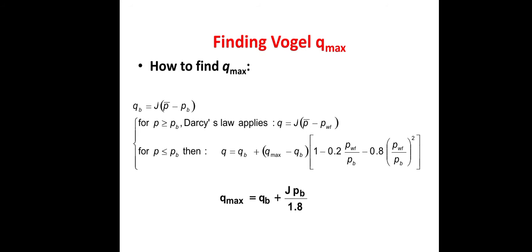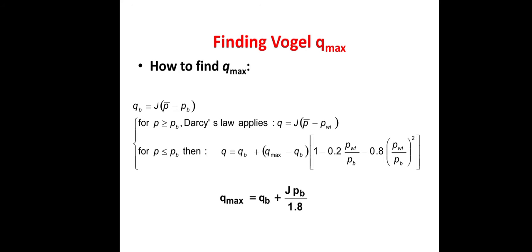So if you've got to plot it, how will you go about it? The first thing you have to do: you already know that above the bubble point pressure you have a single phase flow. Then first of all, draw the straight line IPR till the bubble point. Then you substitute the reservoir pressure by the bubble point pressure of the fluid.